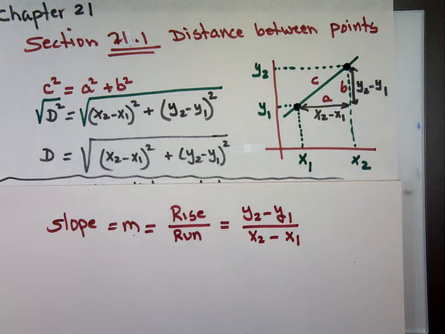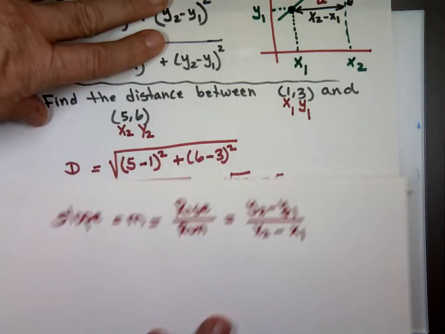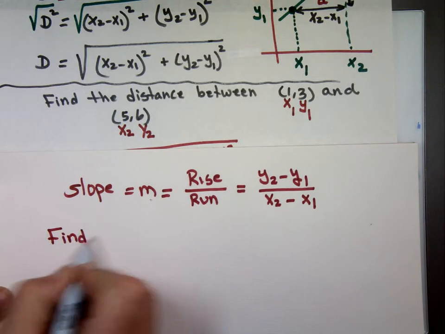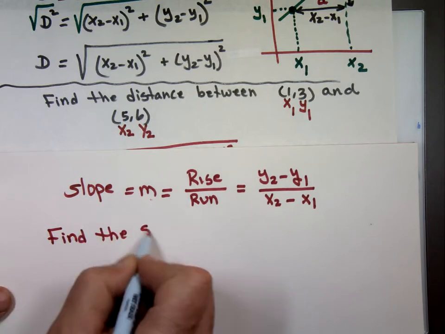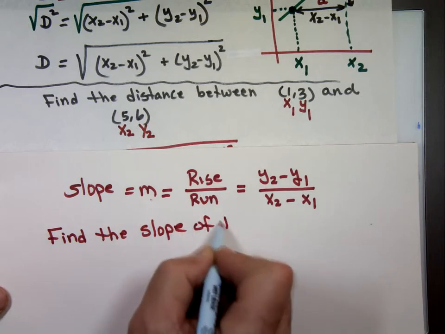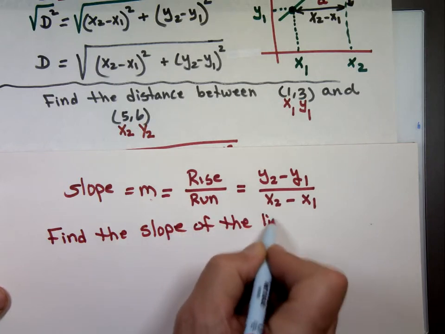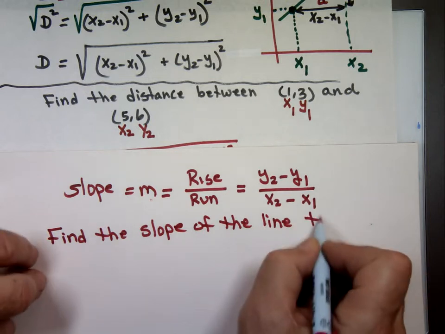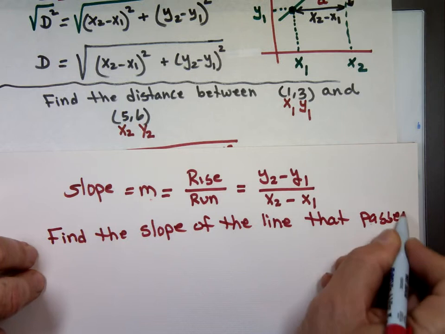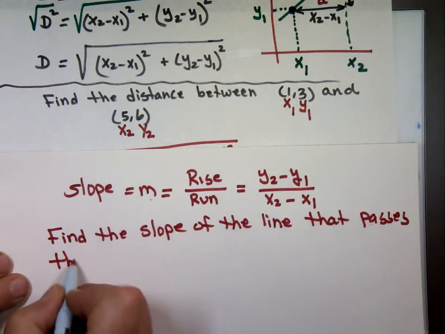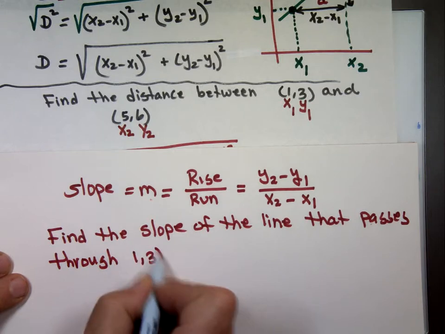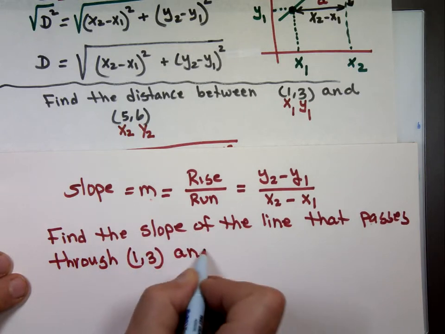And that's section 2. So if I want to find the slope again, find the slope of the line that passes through 1, 3 and 5, 6.